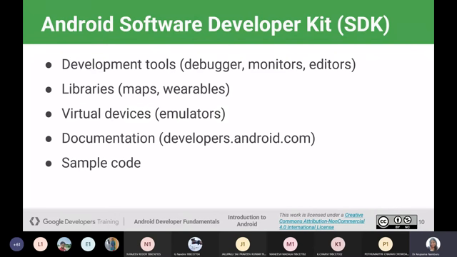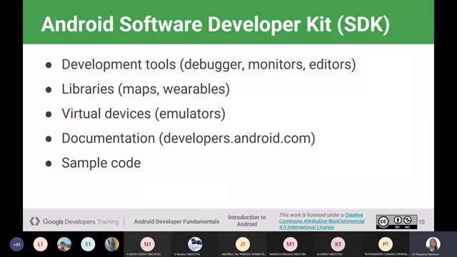And another one is the Android software development kit. This is actually the core of Android application development. When you are working with development tools, you have the debugger, you have the monitor, you have the editor. Editors are the place where you will be writing the code.